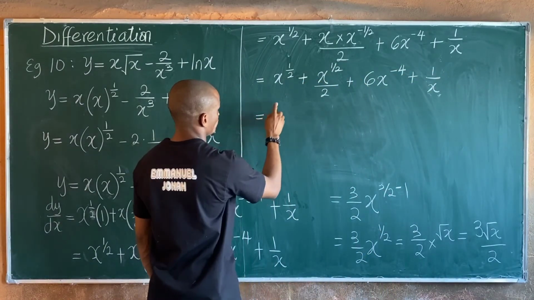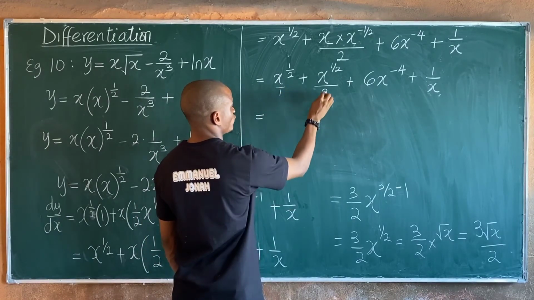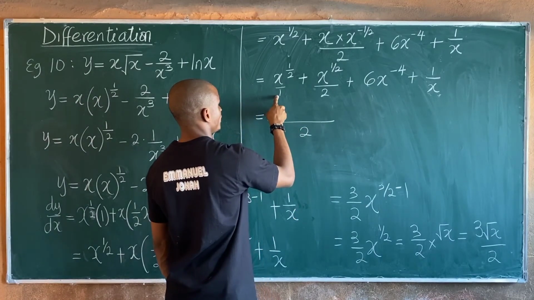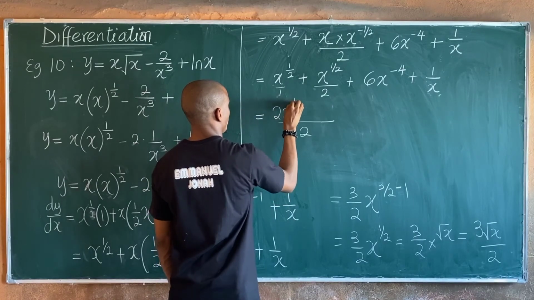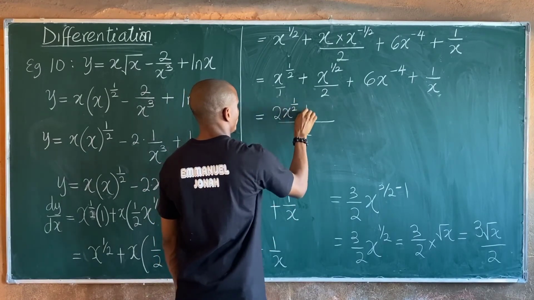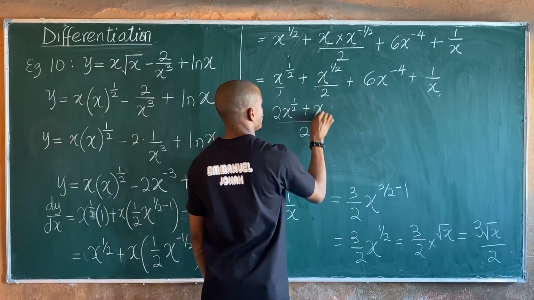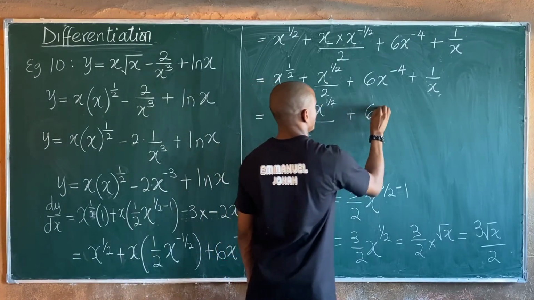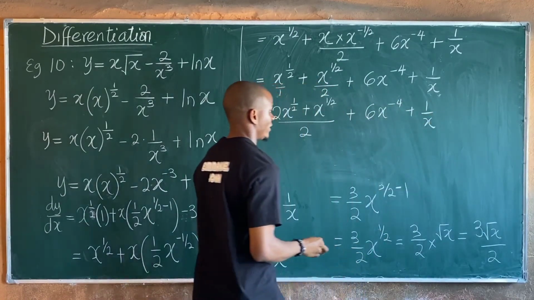This is now equal to, if I take the LCM here, the LCM of 2 and 1 is 2. 2 divided by 1 is 2. 2 times this is itself 2x power 1 over 2, plus this over this, 2 over 2 is 1. 1 times this is x power 1 all over 2, plus 6x power minus 4 plus 1 all over x.